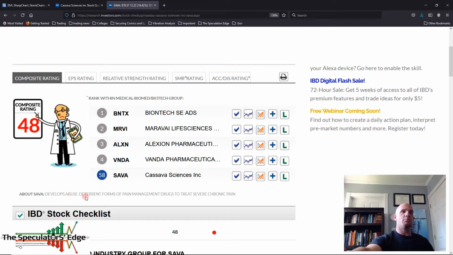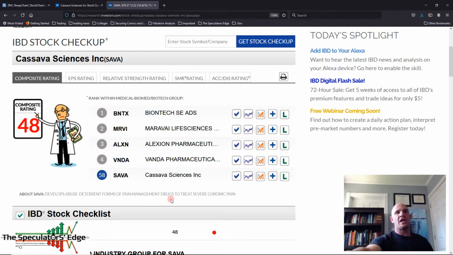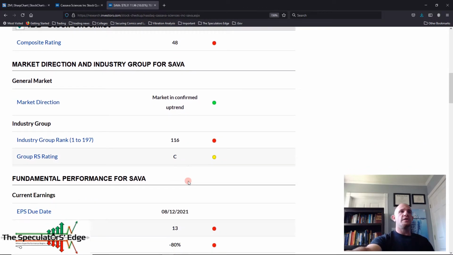It develops abuse deterrent forms of pain management drugs to treat severe chronic pain. Its industry group rank is 116, which is okay. It's not great, but still, you want a better industry, be in a better industry. But I think the pharmaceuticals are increasing within the industry group rank.